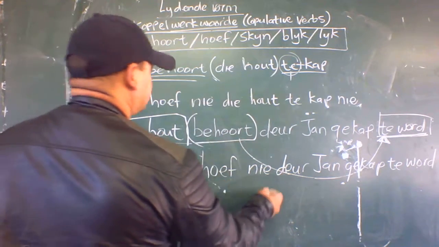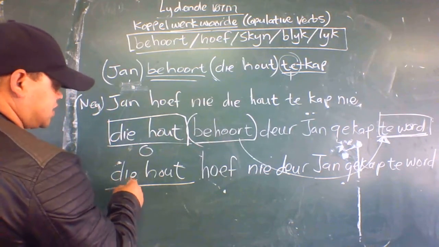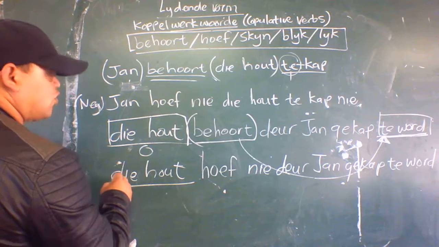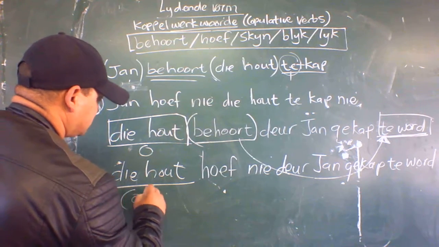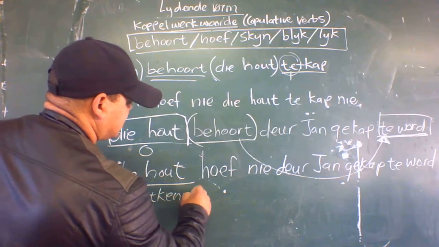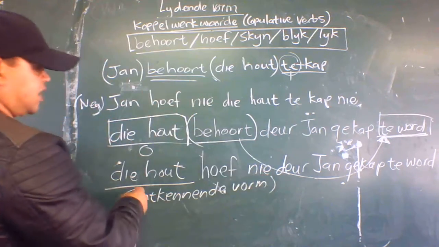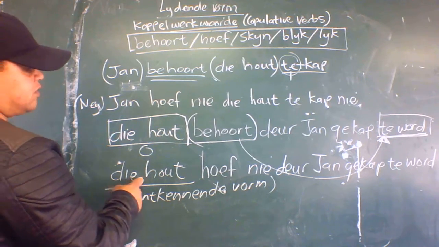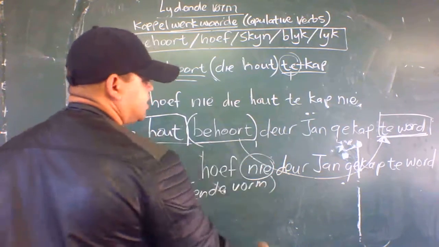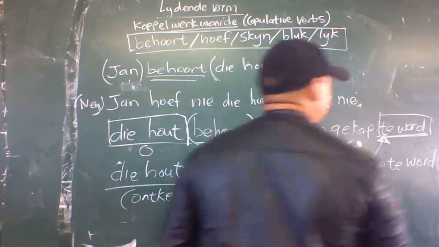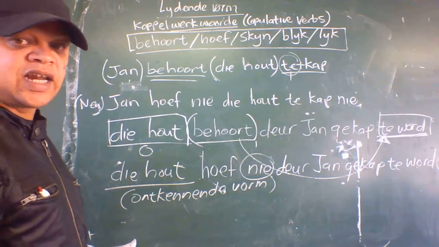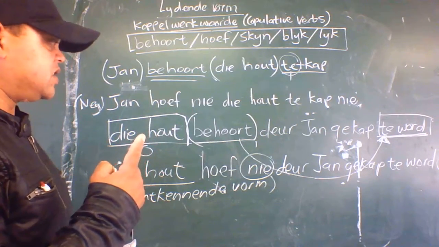The difference here is this sentence is in the negative, onkennende form. With onkennende form, we have our first te, and then obviously we have our second te right at the end of the sentence.